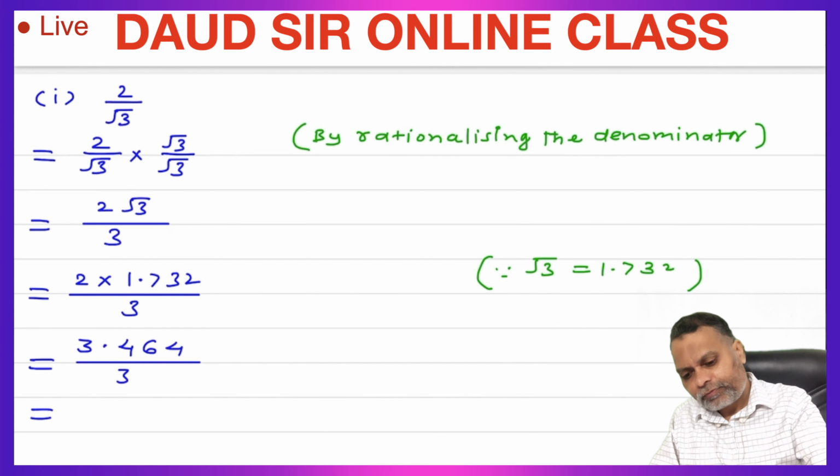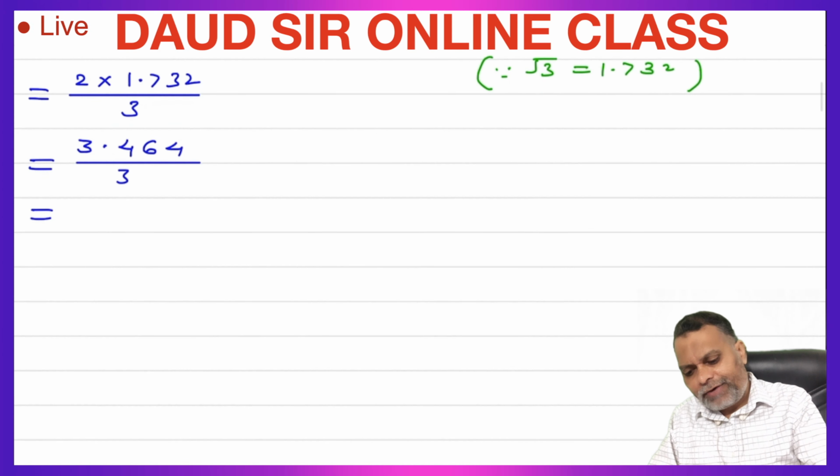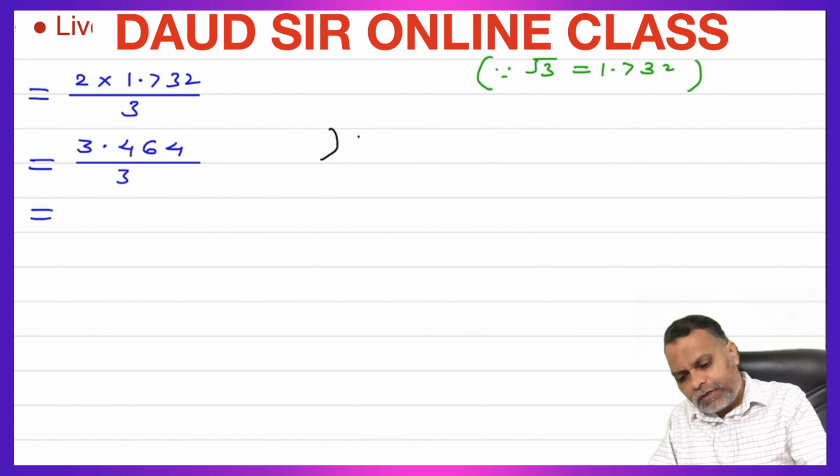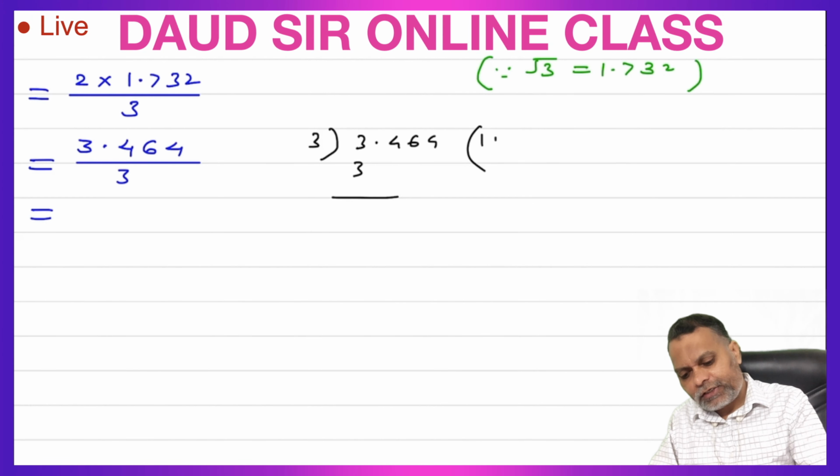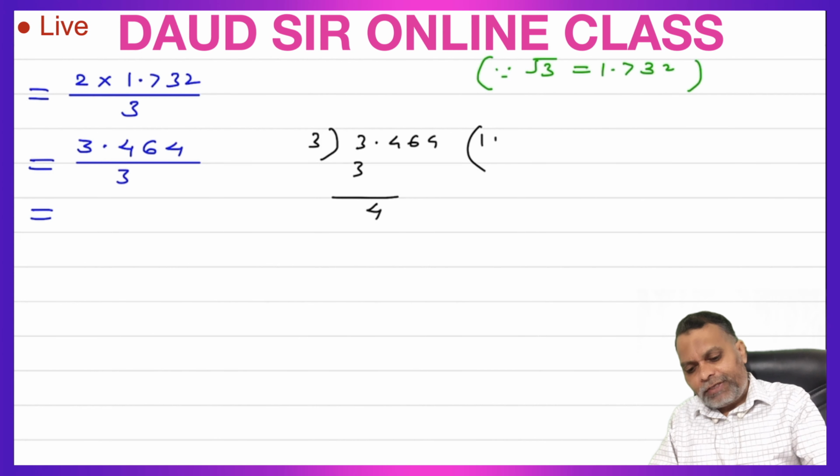So we can divide in rough. 3.464 divided by 3. 3 1s are 3. Put this decimal. This is 0 and bring down 4. 3 1s are 3. 1.